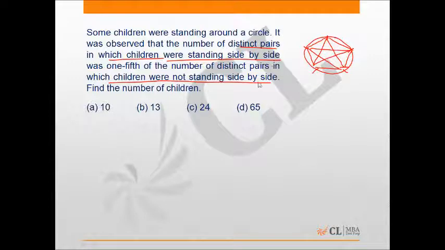So this represents the diagonals of the pentagon. So basically what he is saying is that if n is the number of sides, then the number of sides of the polygon is 1 by 5 of the number of diagonals.